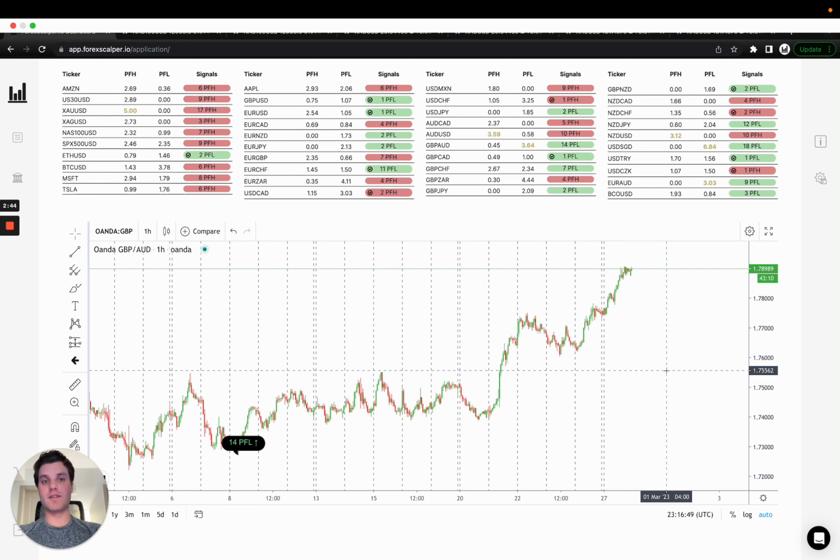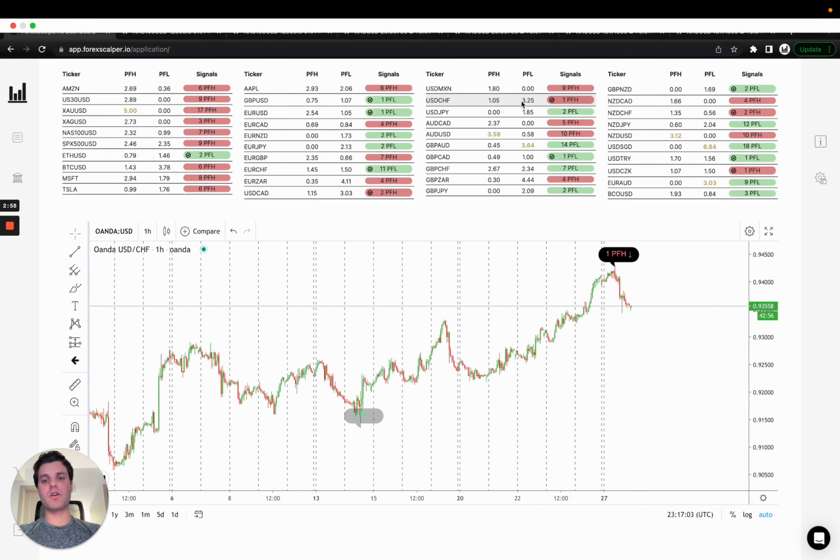Eventually, it's going to come to an exhaustion point, and it's going to actually make a correction, and it's going to switch from a bullish to a bearish trend. Now, in this case, yesterday, USD Swiss franc was in the PFL, right? It was at 9 PFL yesterday, okay?